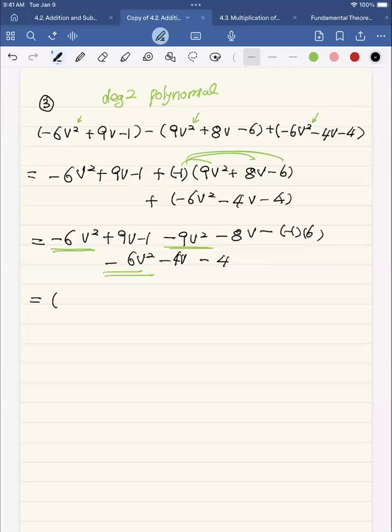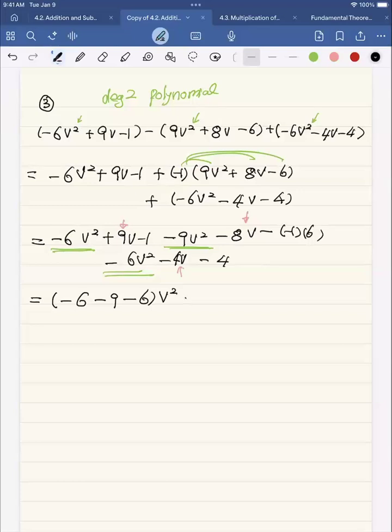So let's take out -6 and then -9 and -6 times v squared. The degree 1 terms is this one, and this one.